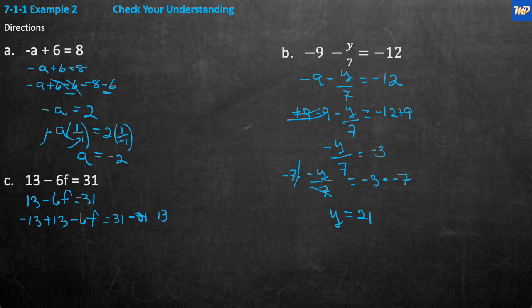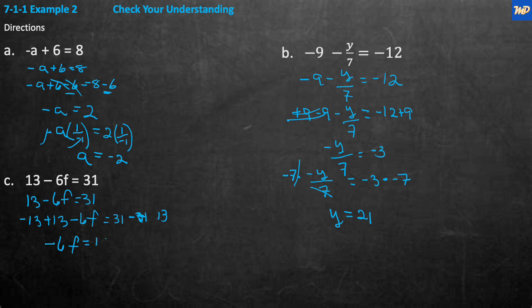And that equals minus 6f equals 31 minus 13, which is 18.